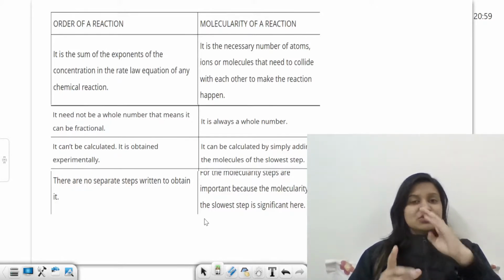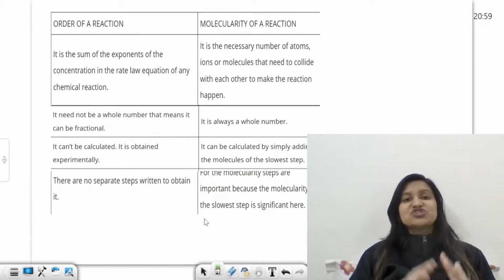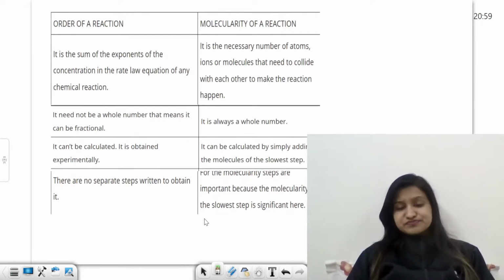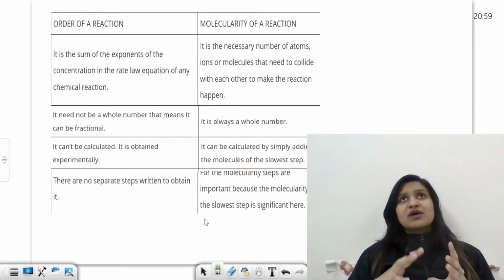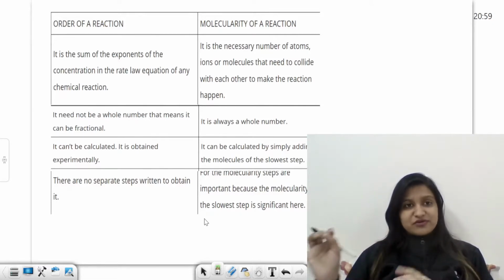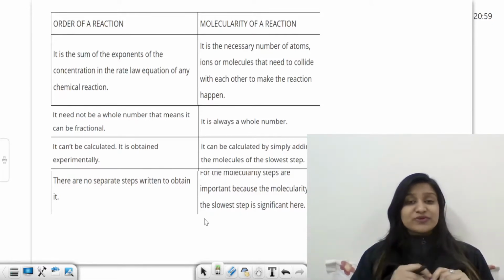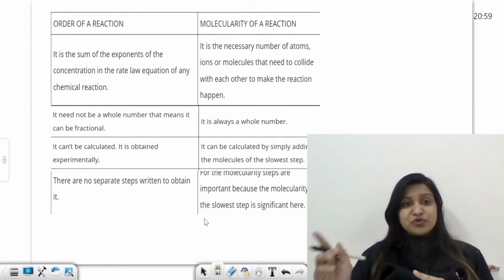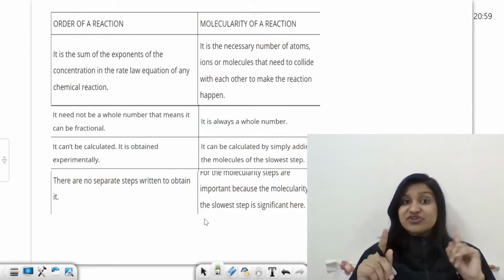These are the two terms in which sometimes we get confused. So let me tell you the meaning of the order of a reaction. As you can see on your screen, it is the sum of exponents of the concentration in the rate law.